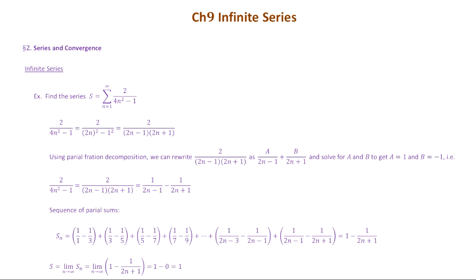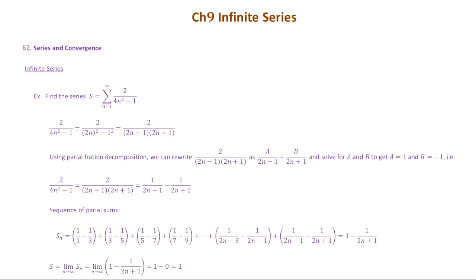Let's rewrite 4n squared minus 1 as (2n) squared minus 1 squared. And then you can use the difference of two squares to factor it as 2n minus 1 times 2n plus 1. It's easy. And then the partial fraction decomposition means you can rewrite this term of 2 over (2n minus 1)(2n plus 1) as two terms with two different denominators.